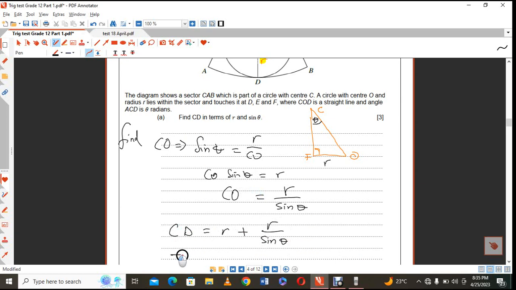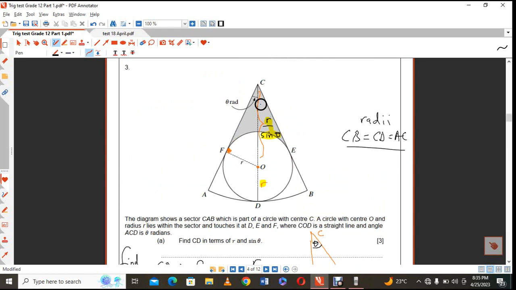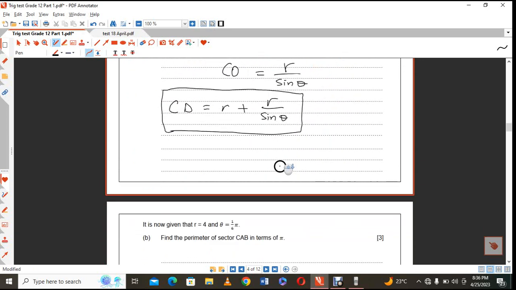Again, it doesn't matter which one you write first. That is the distance CD, the whole distance from C to D. It's going to be the same distance for CA, or AC, and BC. All right, that takes me to the next question.